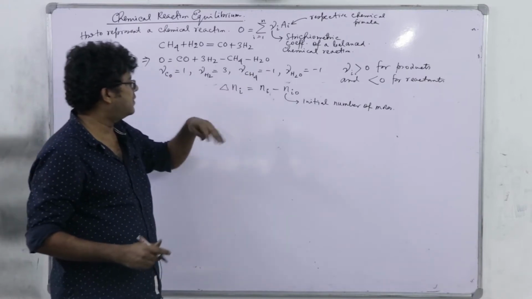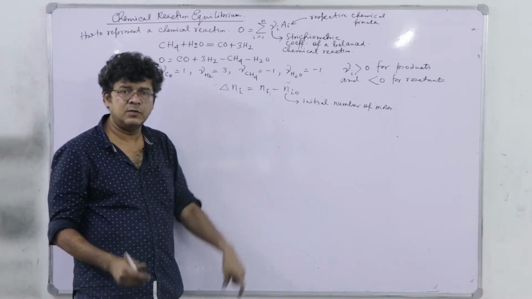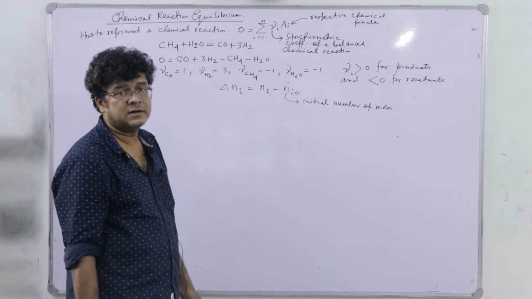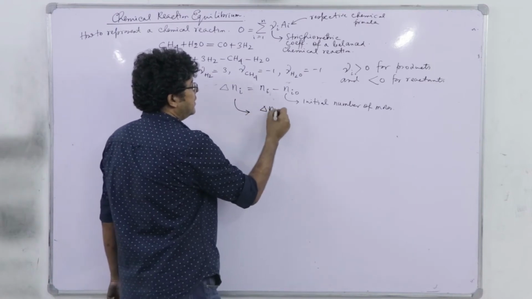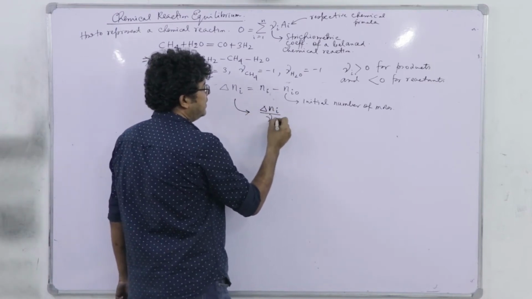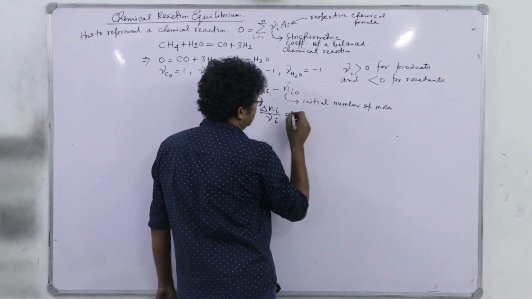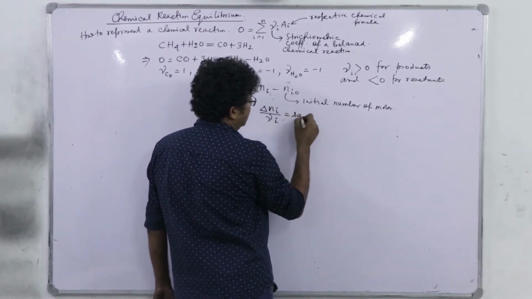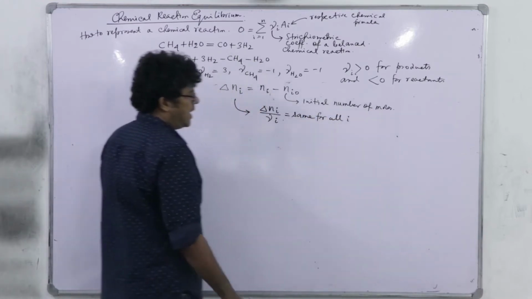For this reaction, if I divide this delta Ni by the respective nu i, it is the same for all i.